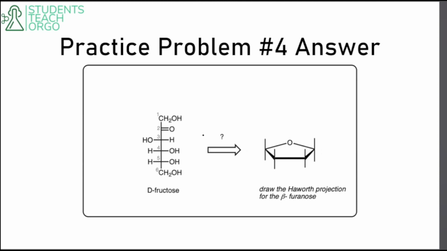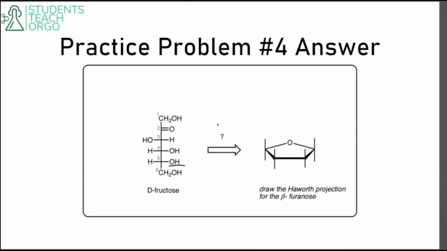All right, but numbering here is tricky because I need to think about what is making my hemiacetal. What is the hydroxyl that's participating in my hemiacetal formation? Well, it's going to be once again the same hydroxyl that is participating in the hemiacetal formation in pyranoses and aldoses, right?